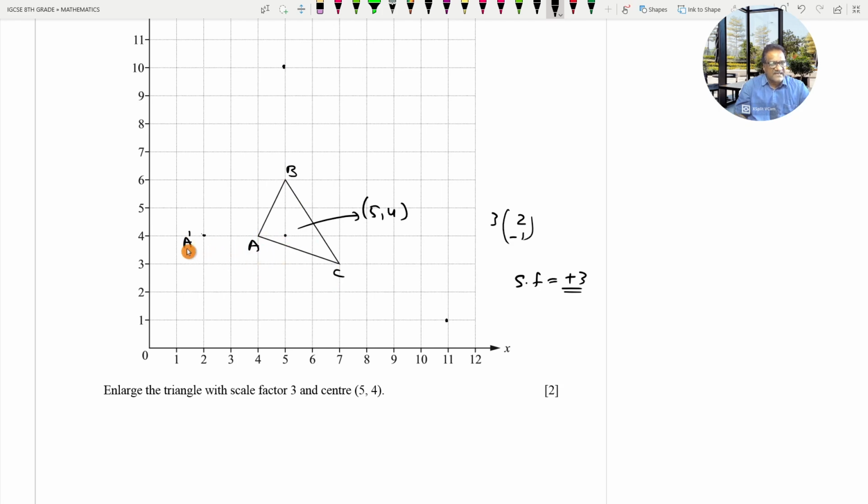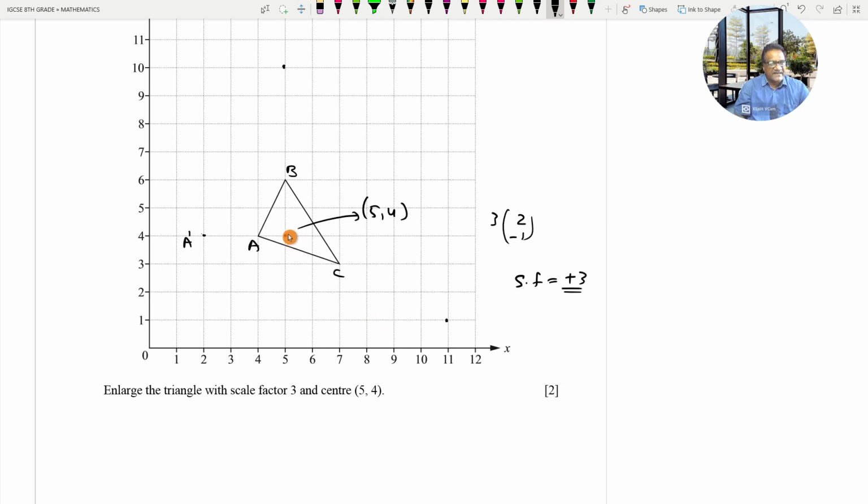Now can you see A and A dash both are on the same side of 5 comma 4. That is why this plus sign was indicated. If it was a minus sign, then A and A dash would have been on the opposite sides of the center of enlargement. But I have taken advantage of this plus 3, so the object and image will be on the same side. So I got the image of A as A dash.